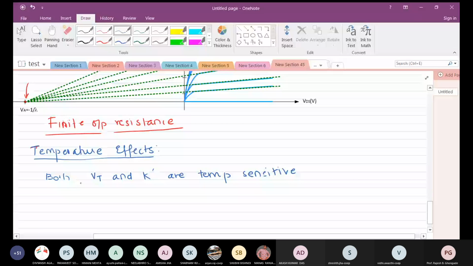Now, it is seen that Vt decreases by 2 millivolts per degree Celsius. What is this Vt?